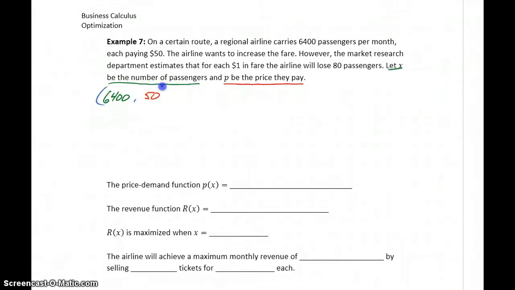So we can put those together as a coordinate pair. Now what they're saying is if we increase the price by $1, meaning if we increase the price to $51, we would lose 80 passengers or only have 6,320 passengers.